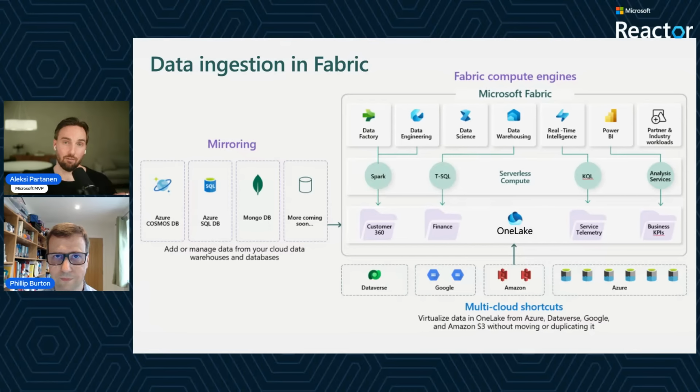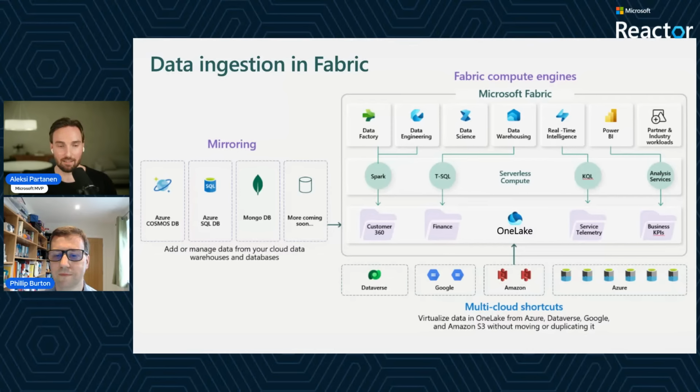So basically, if you have, for example, an on-premises SQL Server database or SQL Server in Azure, or many other databases are nowadays supported for mirroring, you can just set up mirroring, and then that data will be replicated near real time to Fabric, which is a really cool new technology and a new way of ingesting data to the platform without needing to build traditional ETL pipelines. So both shortcuts and mirroring make data ingestion a lot easier in Fabric.